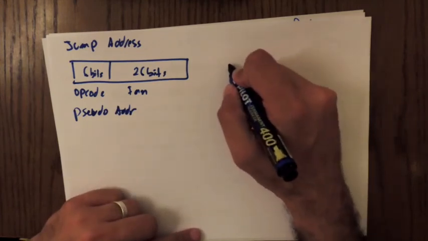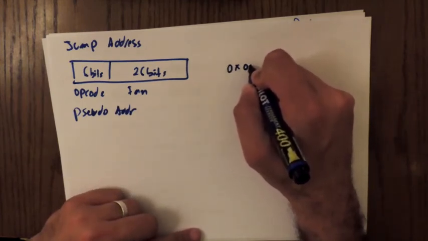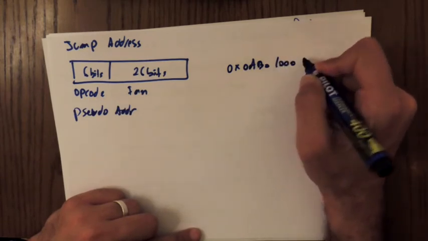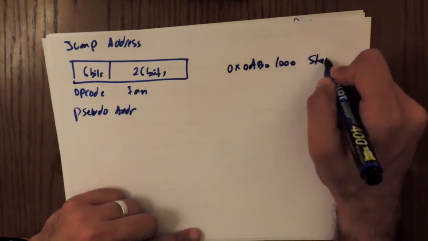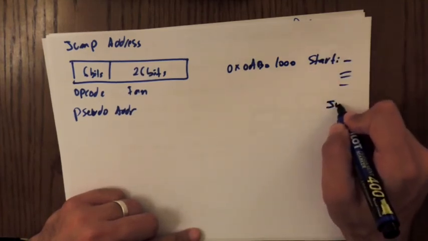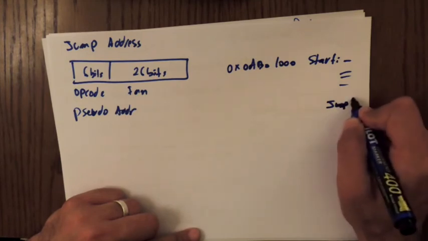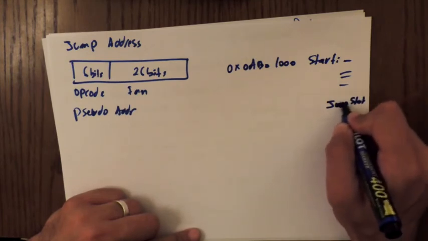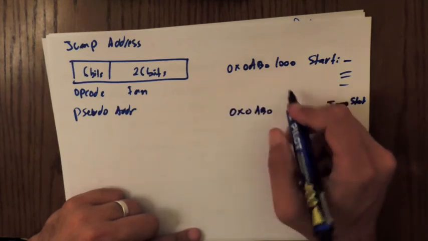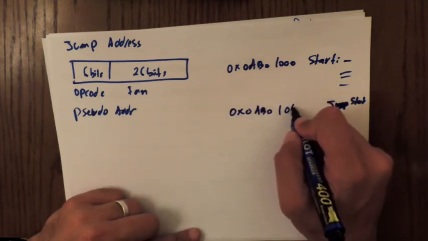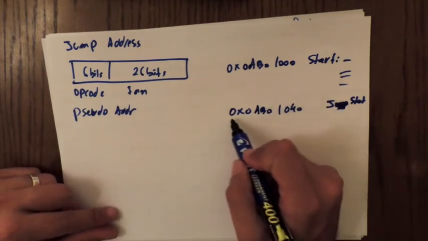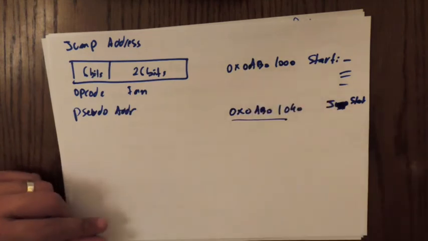Let's say we use the same addresses again, 0x0AB01000 is start, and let's say we have some instructions, and then here we have jump start, which is 0x0AB01040. In the case of jump, we don't care about this address, we just care about the other address.